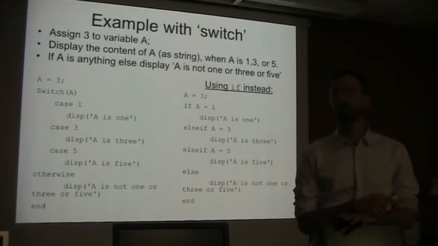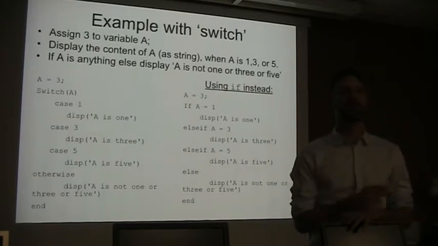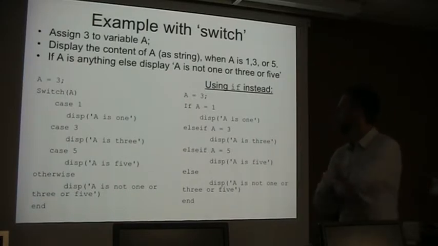You need the words switch, case, and otherwise, and end. Otherwise, if you want to give it an otherwise option, you don't have to. So the value assigned to case refers to the variable you define into switch, always. Exactly.